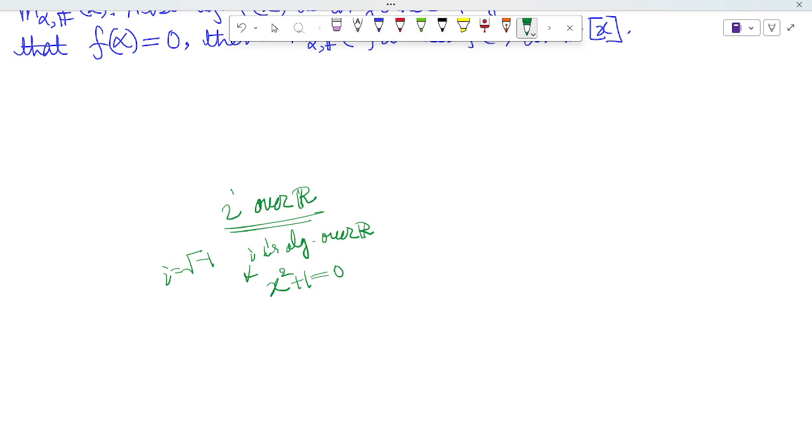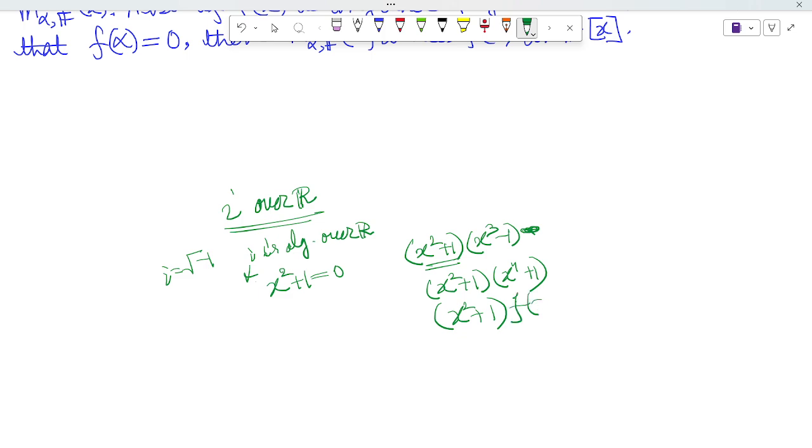But i also satisfies the equation (x square plus 1) times (x cube minus 1), because that part will kill the other thing. That is 0, and 0 times anything is 0. Any polynomial times x square plus 1 will be satisfied by i. Suppose it is f(x), then i will also satisfy this if you substitute i in place of x.